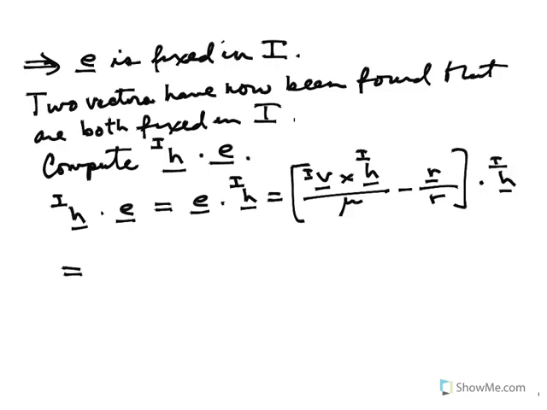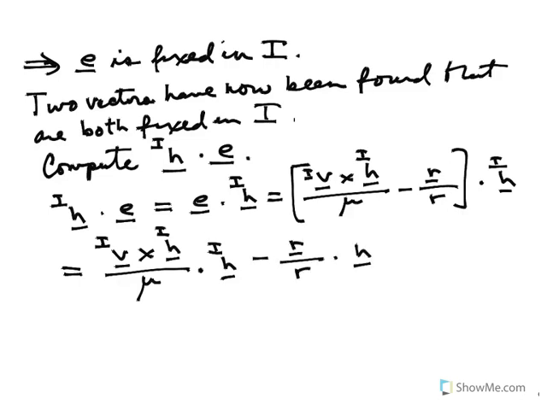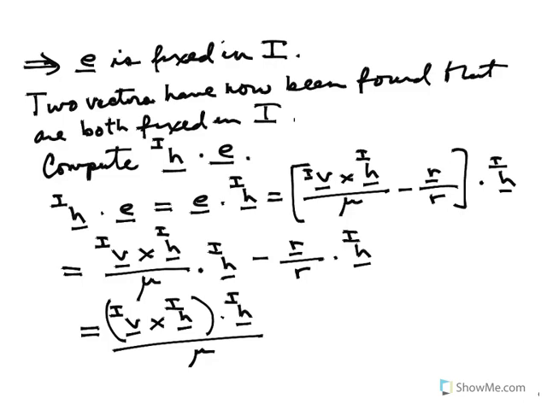But that's equal to vi crossed with hi all divided by mu dotted with hi minus r all divided by r dotted with hi, which is equal to vi crossed with hi dotted with hi all divided by mu minus r dotted with hi all divided by r. Now let's look at the first term.